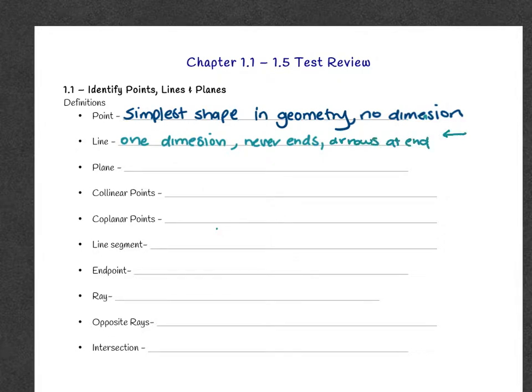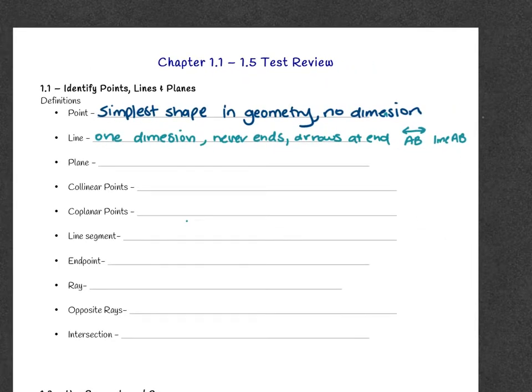Okay, and it can be named like AB or line AB, or if it had a lowercase letter that's italicized like that, it can also be line L. A point is named by a capital letter. Messy already. This is a capital letter.